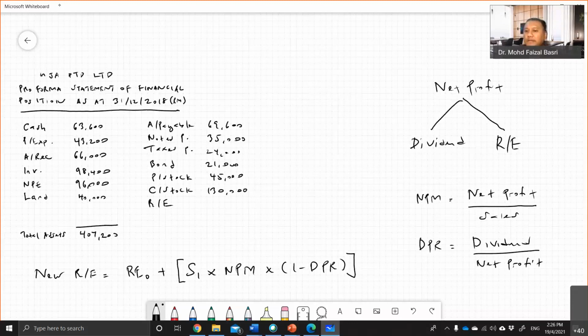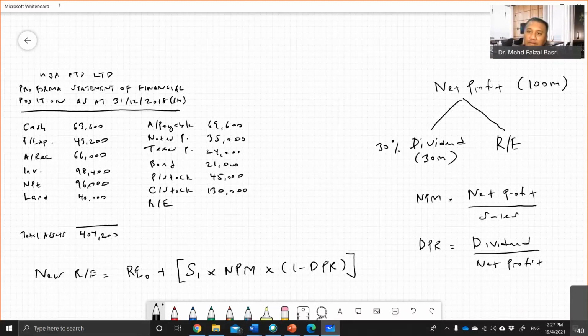For example, if a company has 100 million of net profit and decides to pay dividend amounting to 30 million to shareholders, the dividend payout ratio is 30 divided by 100, which is 30%.